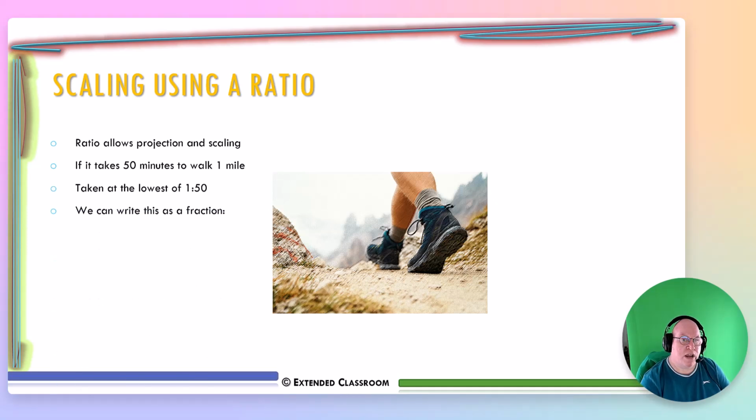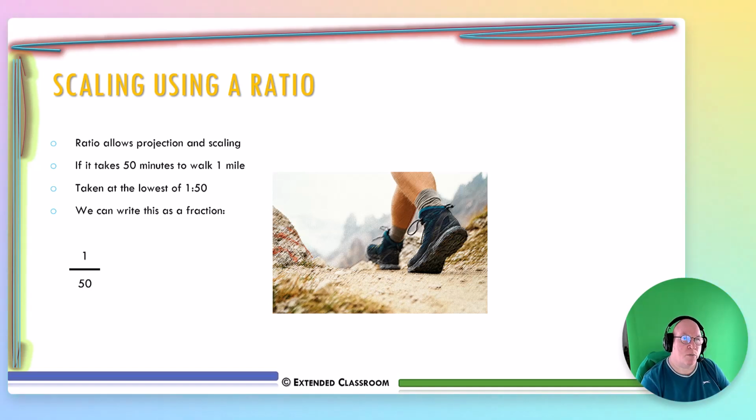Therefore we can write that as a fraction, 1 over 50, just so that we can think of it in terms of a fraction, as what you do with one, you do with the other. So it's a scaling. You don't need to put it in a fraction. We know that it's 1 to 50. It's quite straightforward. There's no other parts thereof. It's just a straight ratio of 1 to 50.